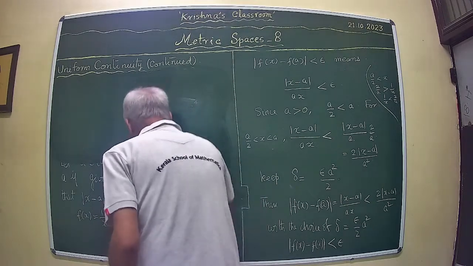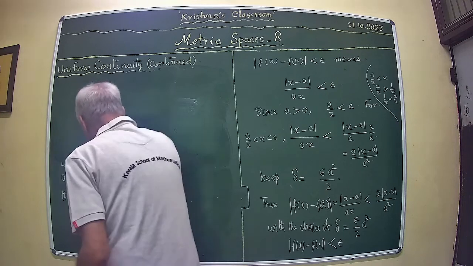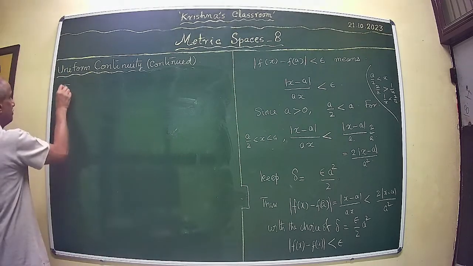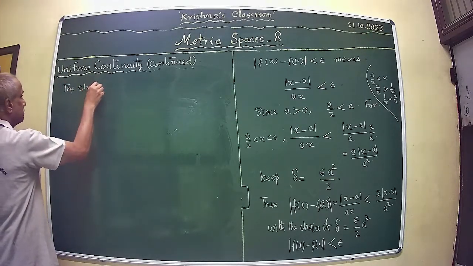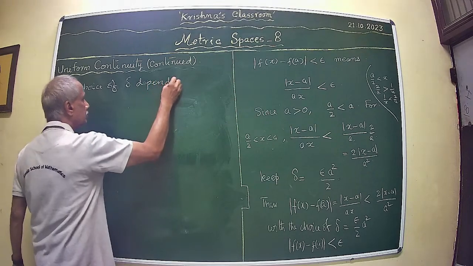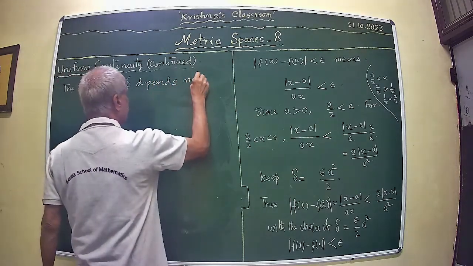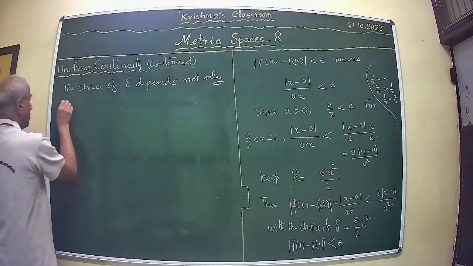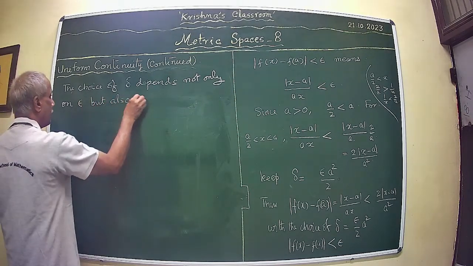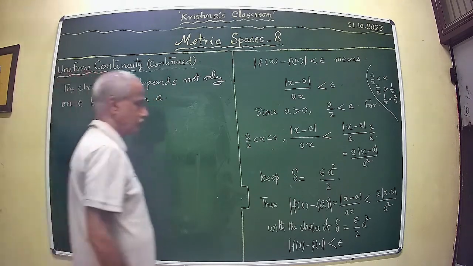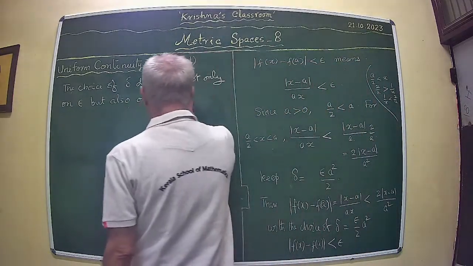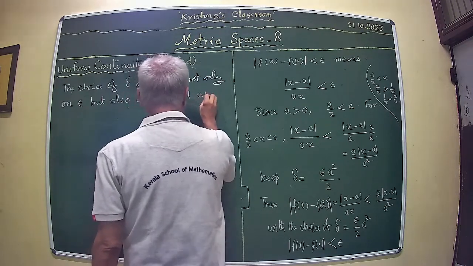So you see that the choice of delta depends not only on epsilon but also on a.